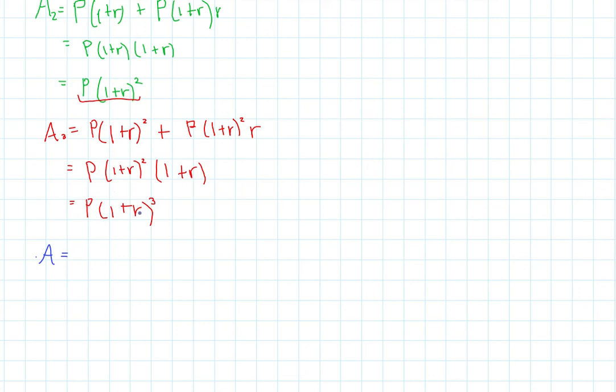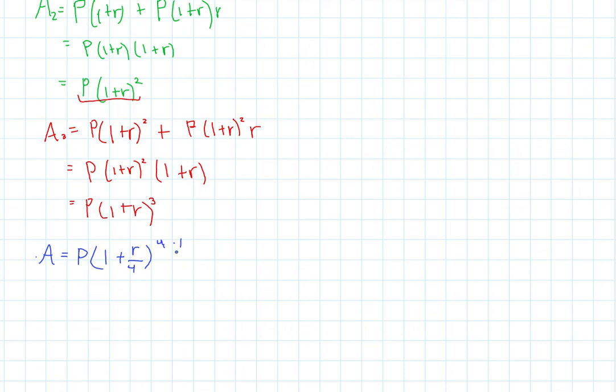But note that this is going to now be divided by 4, because my annual interest rate is annual. And if I'm compounding it 4 times within a year, then that means we're going to have to divide that annual rate by 4. And then this is 4 up here. So this is within 1 year.